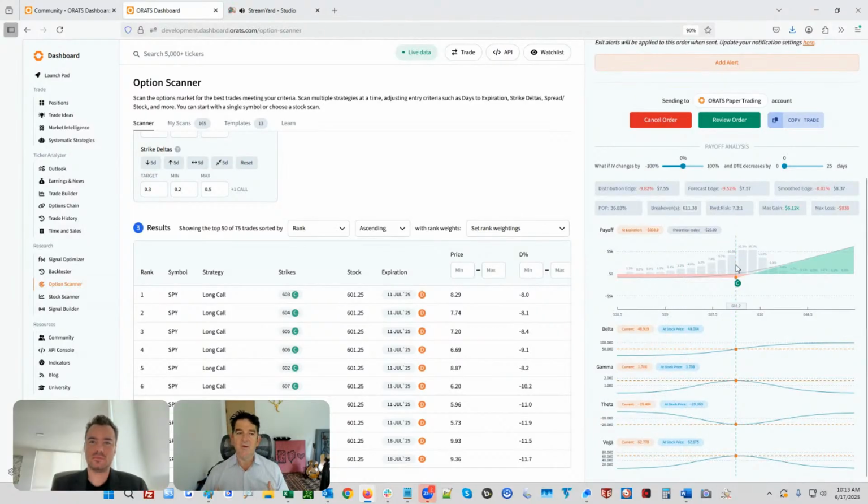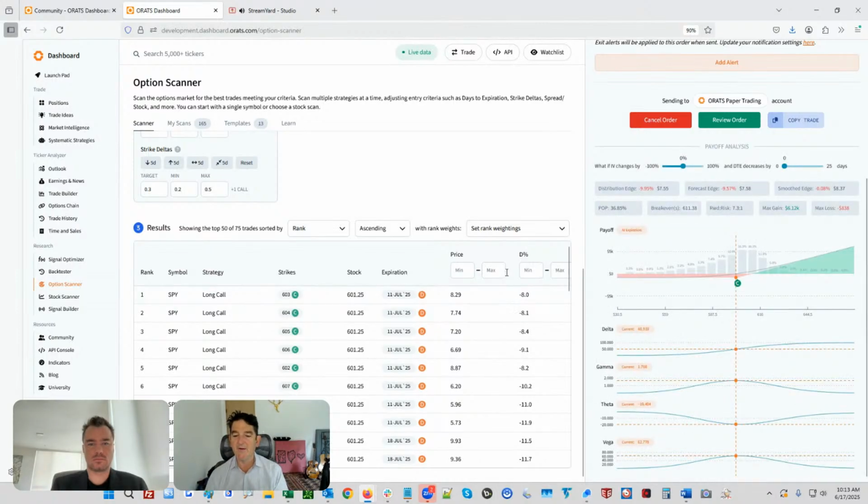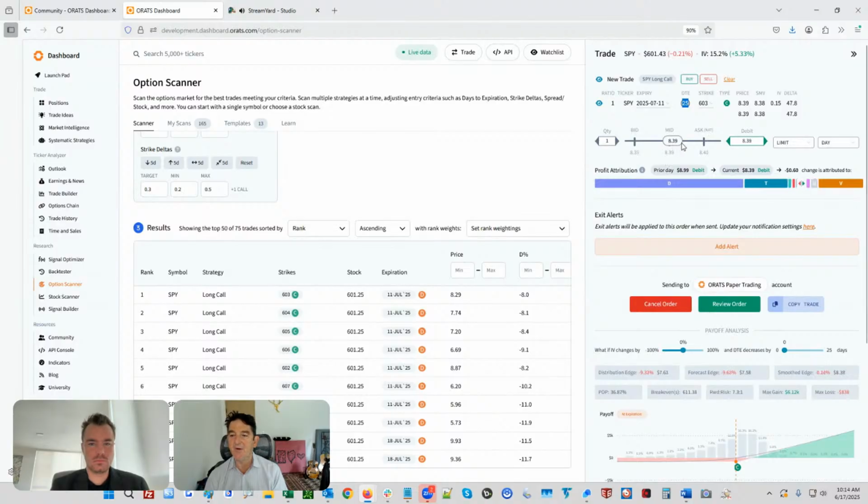And with all the macro stuff going on right now, there is more volatility in the market. So you just have to, and this is what this is saying, hey, listen, this is a higher vol right now. This is a higher value of this option, because under the distribution, we have it worth $7.60, and they're paying $8.39 for the mid price right now.